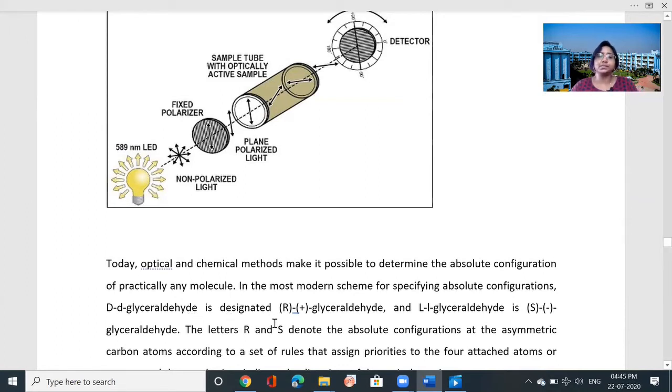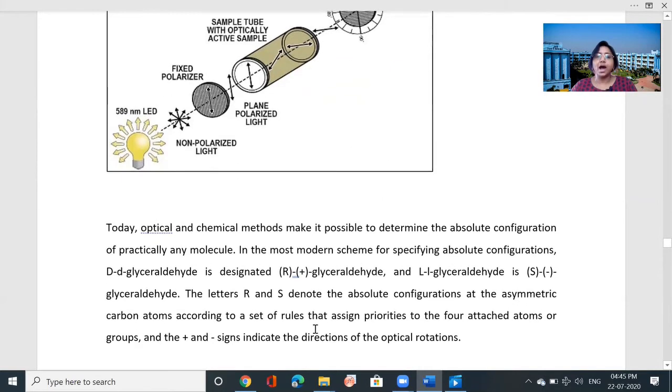glyceraldehyde is designated R, okay, see here, R-positive glyceraldehyde, and glyceraldehyde is designated as S-minus glyceraldehyde.